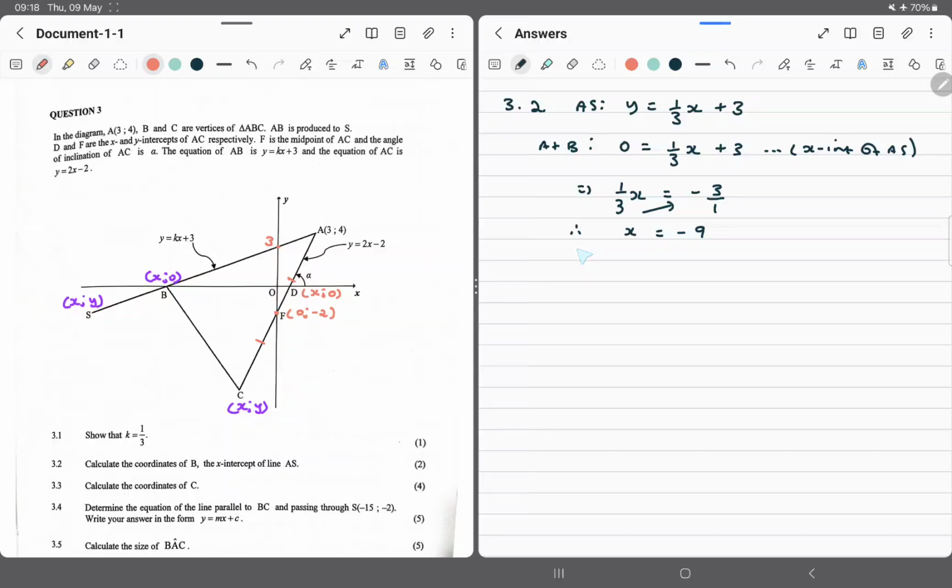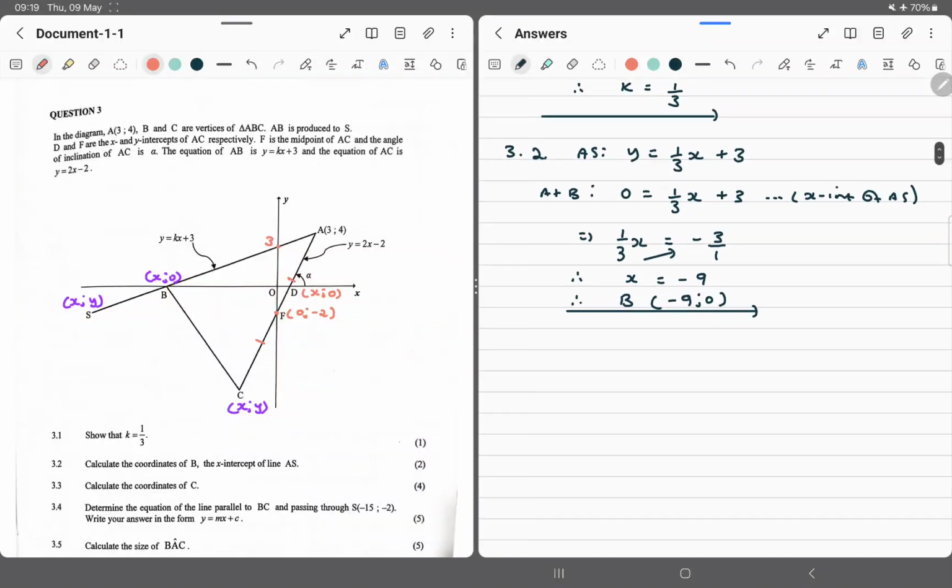Now we were asked for the coordinates of B. So we know that B is minus 9 and 0. We can accept that answer. We're getting 2 marks. The coordinates don't necessarily get a mark per se because the question said calculate, which means show us the path taken.